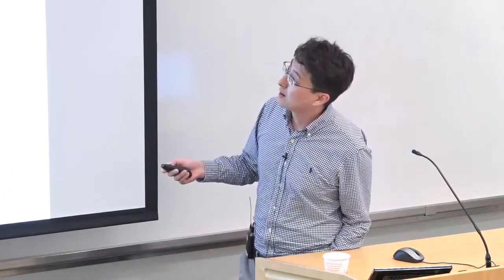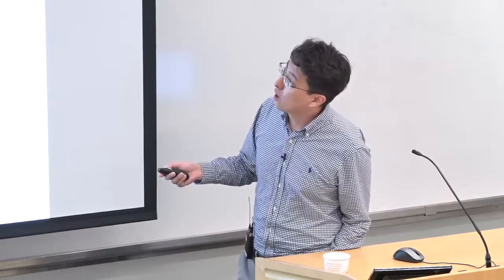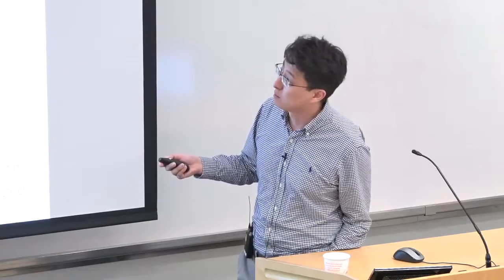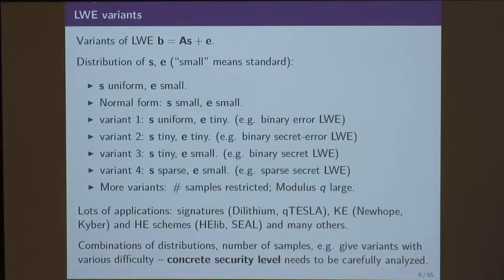There's also the normal form or Hermite normal form LWE, where the secret distribution follows from E, so both of them are small. There are also binary error versions of LWE where S is uniform, but the error is tiny. Tiny means binary in this typical case. There are also cases where I require both S and E to be tiny, which are both binary.